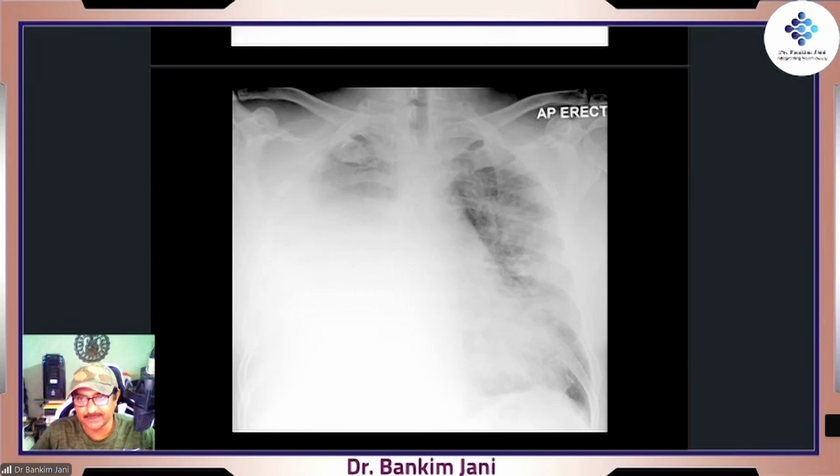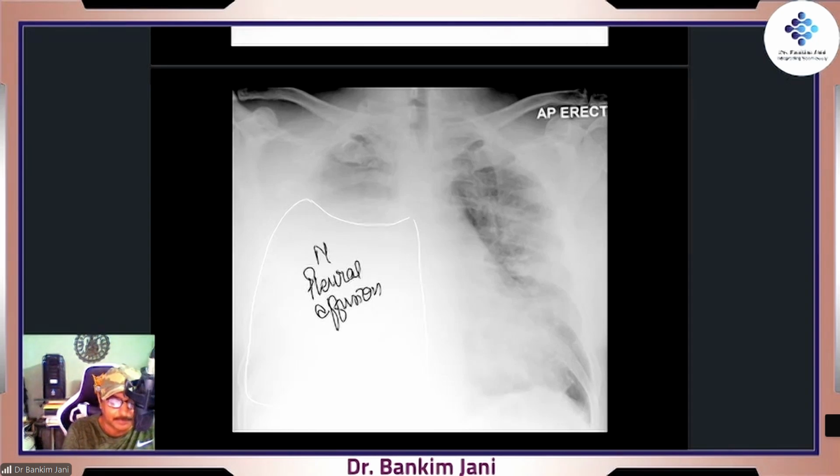Now there is consolidation. That's right. Lungs, this is all that is left. On the right side, this is the fluid. So this entire thing is pleural effusion, massive pleural effusion.